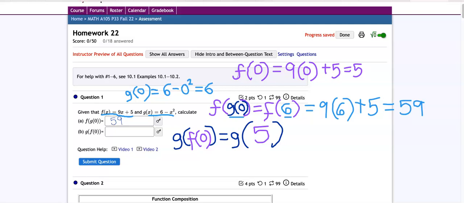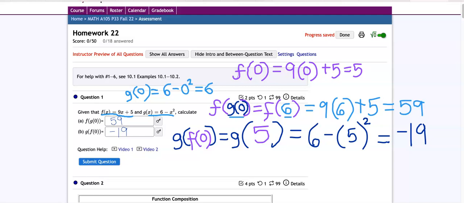And now I can evaluate the g function at 5. So that would be 6 minus 5 squared. 6 minus 25 is negative 19. Which then goes here.